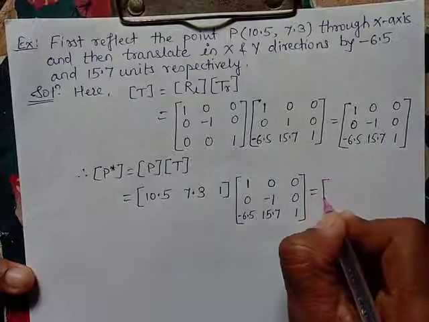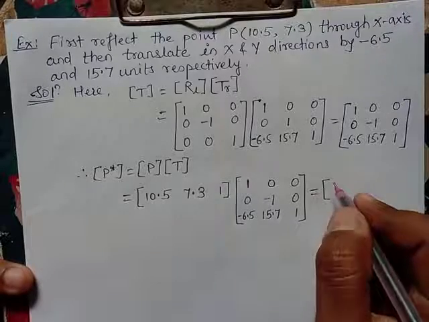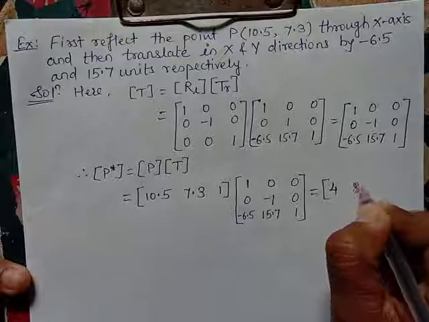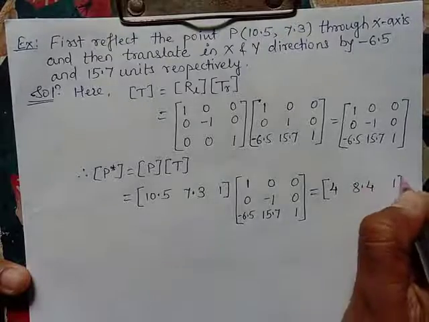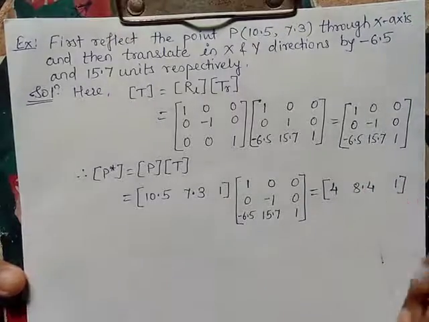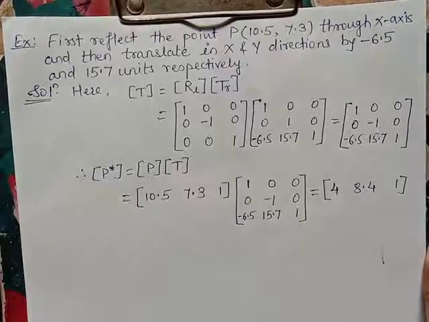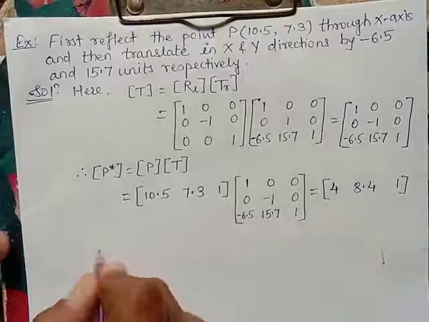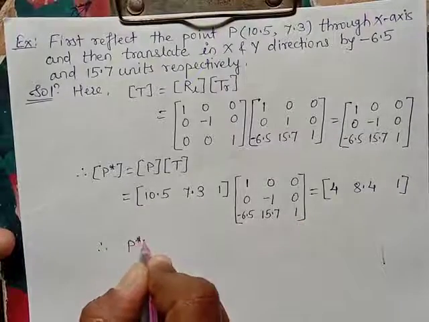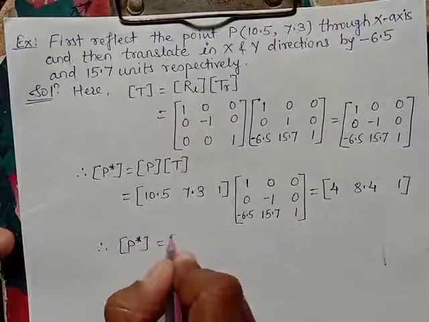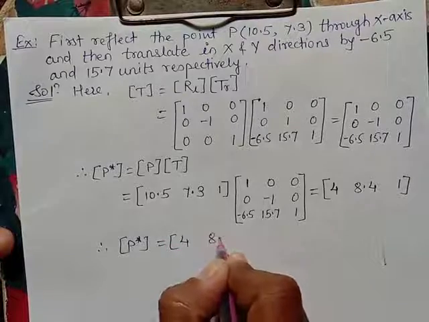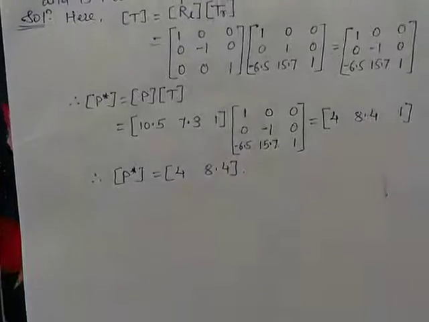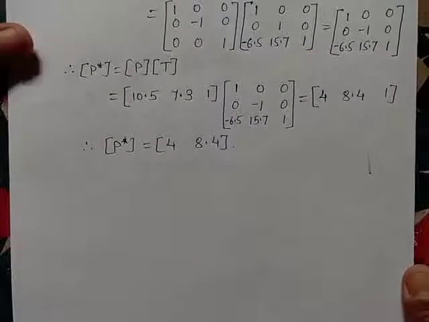This product gives us the position vector matrix 4, 8.4 and 1. This is the answer here. So point P will transform to P star having these coordinates. Therefore, I can write simply P star is this 4, 8.4. Okay. So as such, the translation matrix can be used.